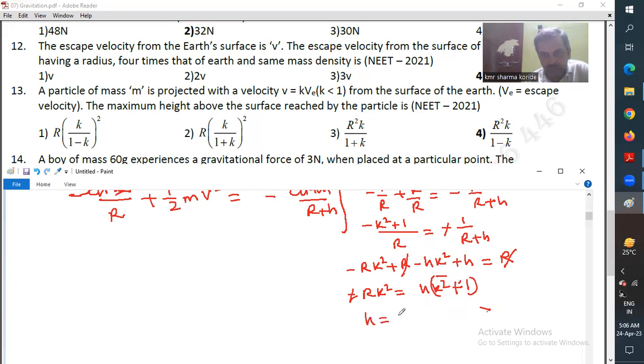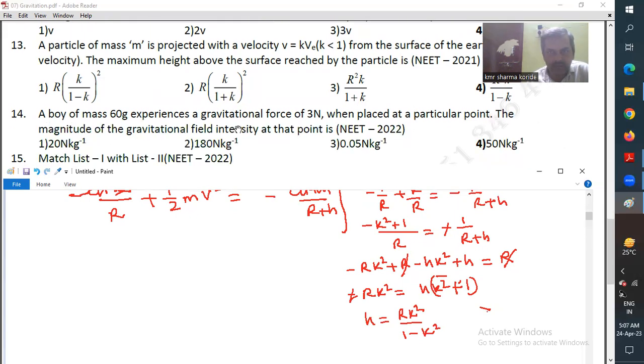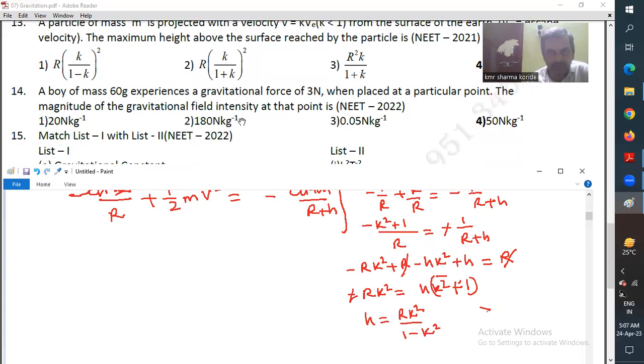So h is equal to R k square by 1 minus k square. So the fourth option is correct. It's not R square k, it's R k square. Moving to the next question, 14.